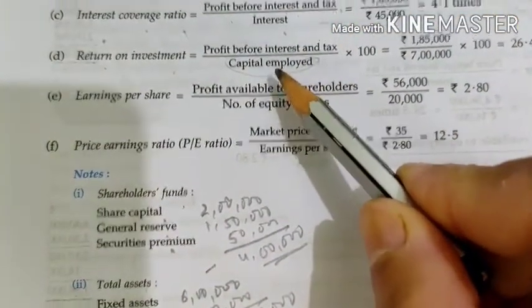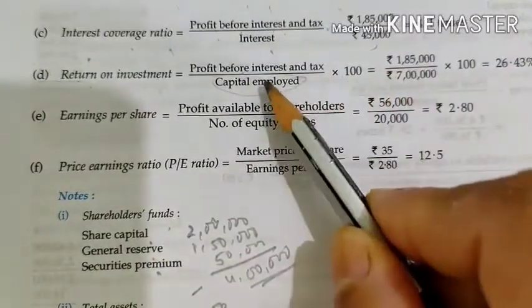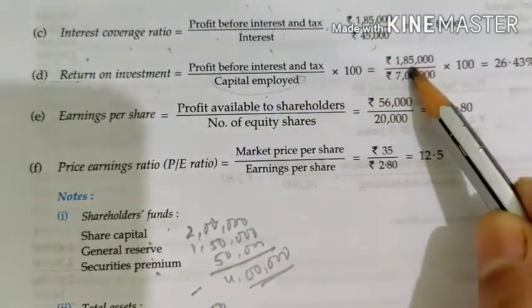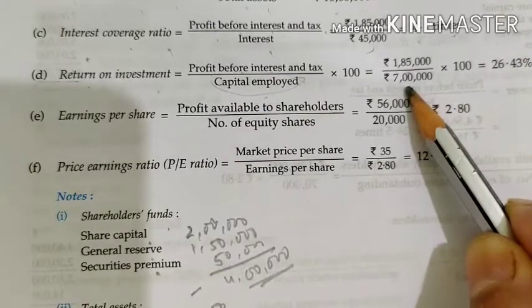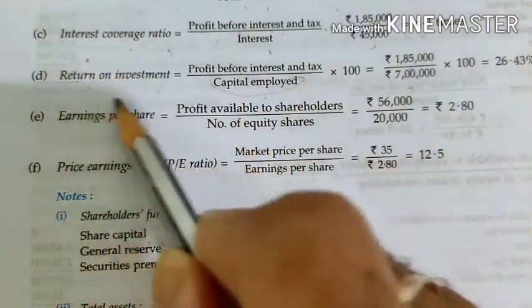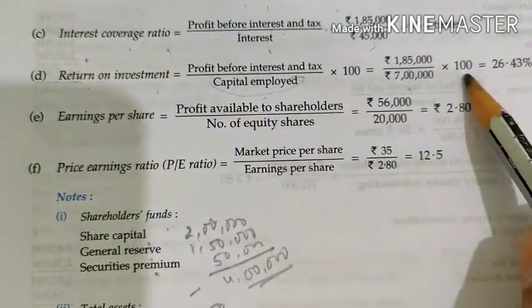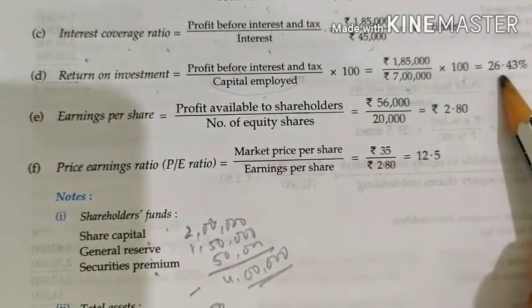So you have here profit before interest and tax, same amount, 1,85,000 divided by 7 lakhs. And this is always expressed in terms of percentage, so multiplied by 100, so you get 26.43%.